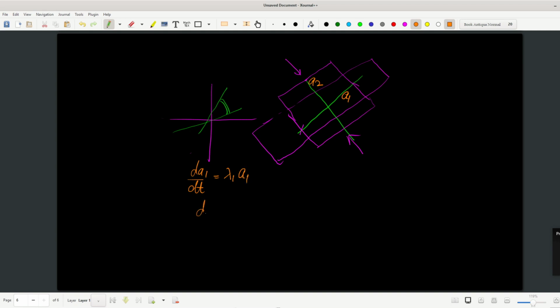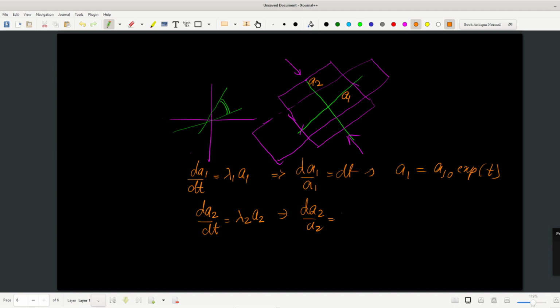This is what you get. dA2/dt is lambda 2 times a2, and lambda 1 was what? 1. So dA1 by a1 is equal to dt, and it implies a1 equals a1 0 exponential of t. And what does this imply? dA2 by a2 equal to minus dt. This implies a2 is equal to a2 naught exponential of minus t.